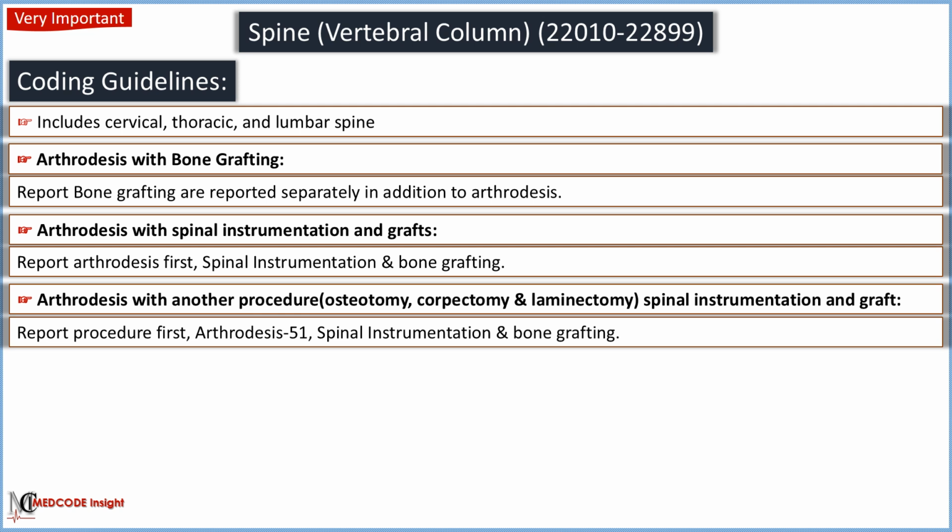For orthodesis with another procedure like osteotomy, carpectomy, or laminectomy, and spinal instrumentation and bone graft, report procedure first, then report orthodesis with modifier 51, then code for spinal instrumentation, and at the end code for bone grafting.